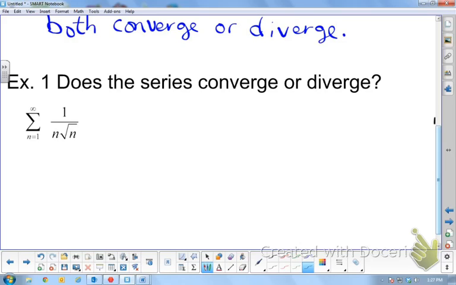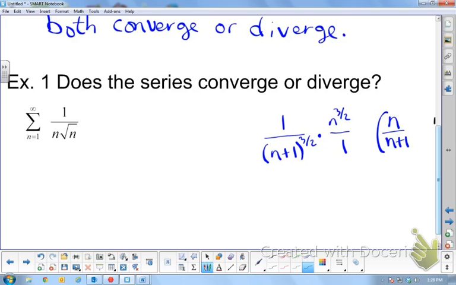I'm going to rewrite that as to the 3 halves, so we'd have n plus 1 to the 3 halves times, we flip, so n to the 3 halves over 1. I could combine these to be all under 1, and there's the limit out front, but since we're not writing this down, I'm being super lazy. And then, what was our trick with something like this?